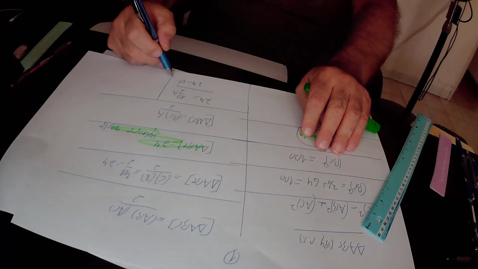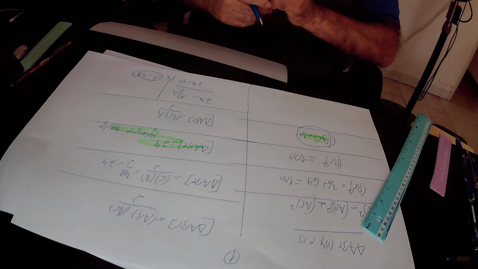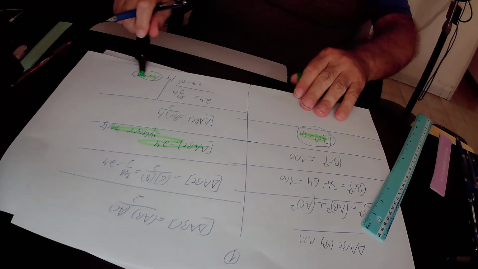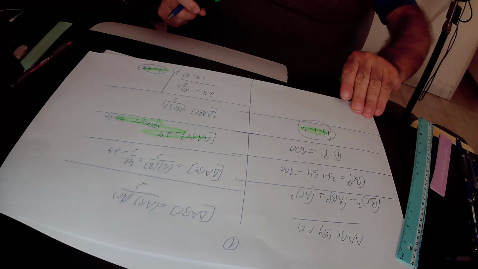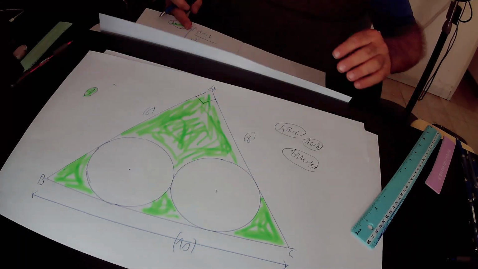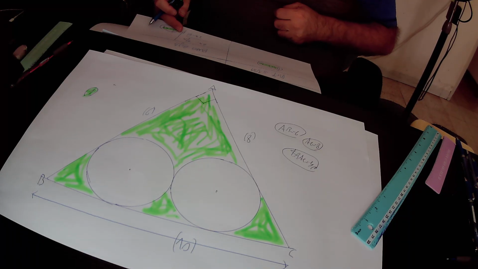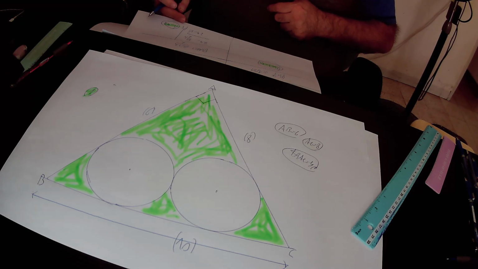We divide this equation by 5 and finally get that H equals 24 over 5, that is 4.8 units in length. So the height H to the base is equal to 4.8 units in length.